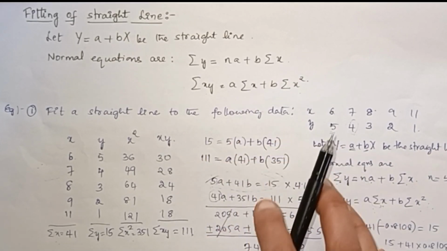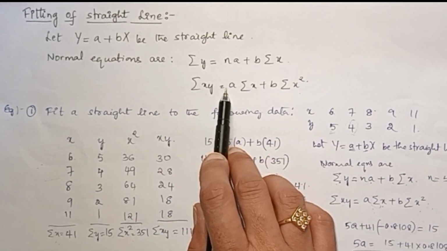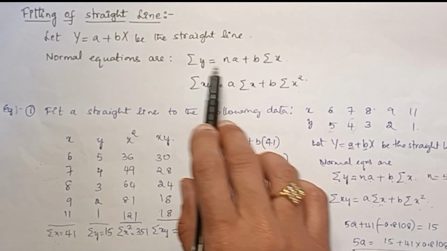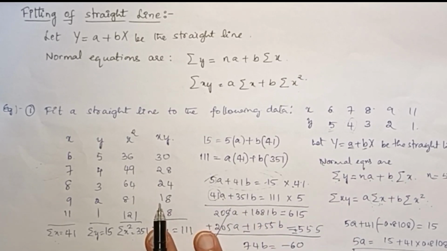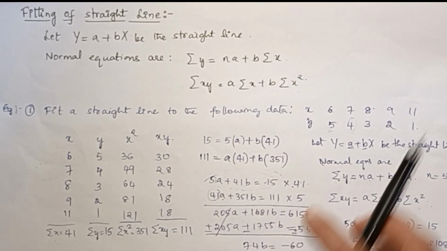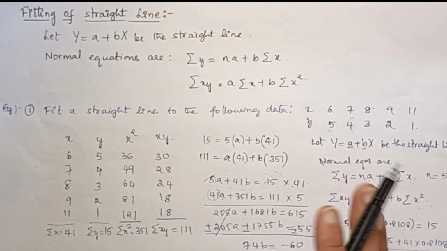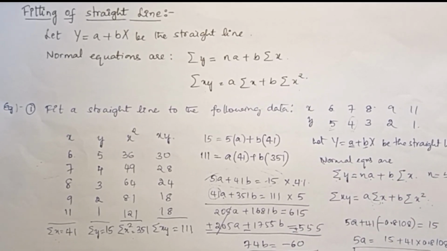Those things you have to remember. Here, get the normal equations, write the normal equations. You have to memorize these normal equations, no other option. So based on the normal equations, you have to write the corresponding columns of this table. Then you will get simultaneous equations. Solving those simultaneous equations gives you the line of best fit. That is fitting a straight line for the given data.